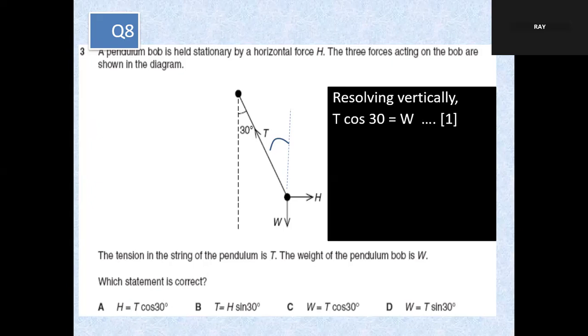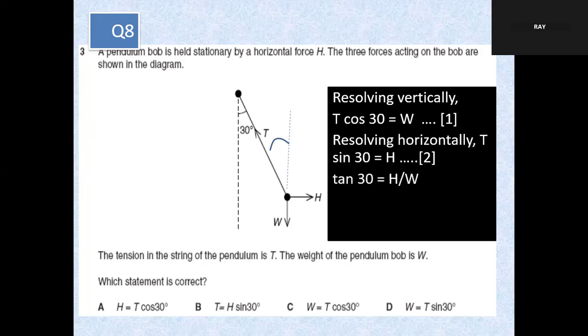Resolving vertically, T cos 30 equals W. Resolving horizontally, T sine 30 equals H. Usually they don't use tangent now. Tangent is just sine divided by cosine. So H equals W tan 30.